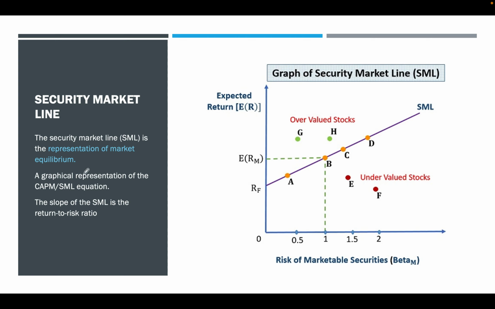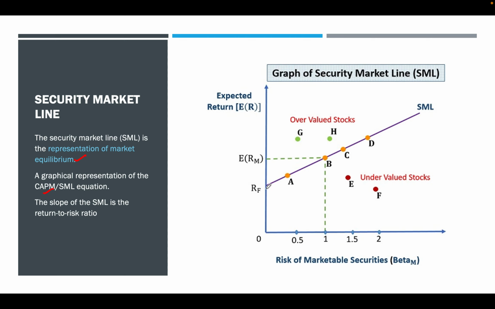Okay, last one. The security market line, or SML, is the representation of market equilibrium, a graphical representation of the CAPM. The slope is the return to risk ratio.